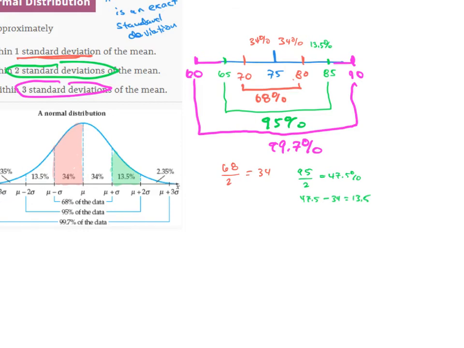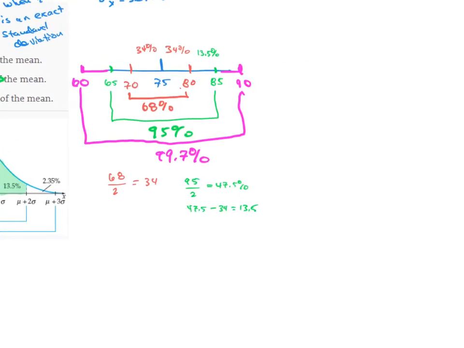Likewise, we can do the same math for the last one. So if I do 99.7 divided by 2, I'm getting 49.85.